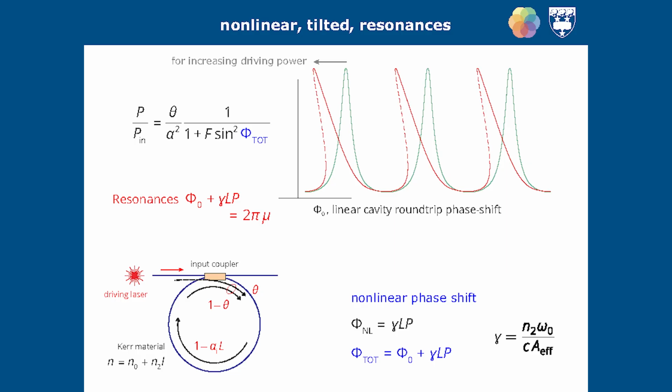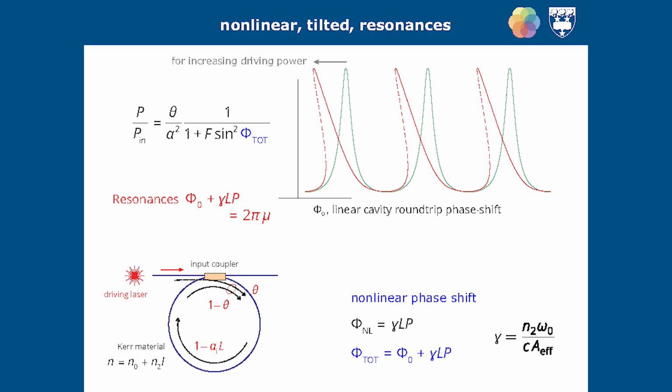Now, what happens when you put the nonlinearity in there? Martin explained that when you have this self-phase modulation, the power of the beam introduces an extra nonlinear phase shift, which we can write in terms of this gamma coefficient that Martin introduced.